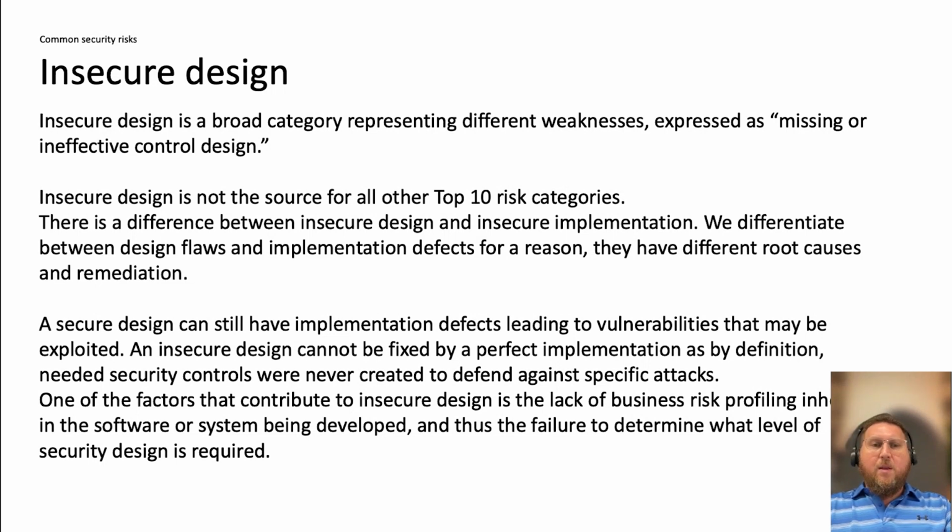Now, OWASP do a differentiation between secure design, secure implementation, design flaws, implementation defects, because they have different root causes. And when you talk about secure design, it's where you know where to put the controls depending on the threat that you have.